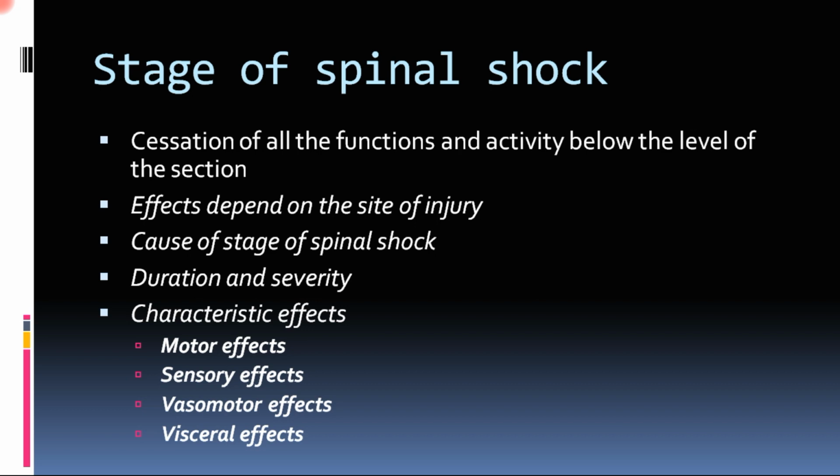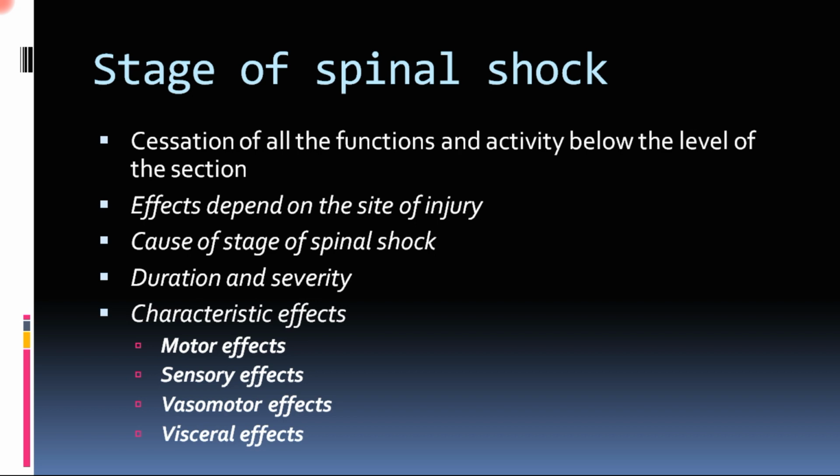And if the level of transection is way above in the thoracic, like the T1, T2 segment, the effect of vasodilation will be huge, because the sympathetic outflow is thoracolumbar outflow, T1 to L2.